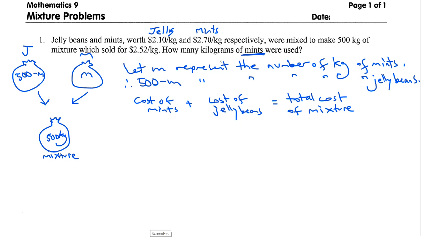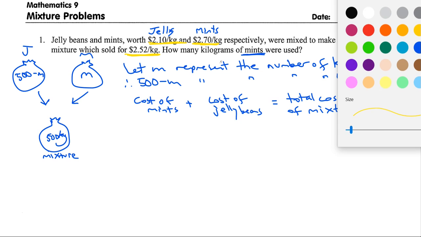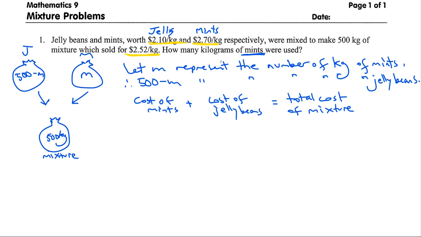Now I know that the mixture weighs 500 kilograms, and that the mixture costs this much, $2.52 a kilogram, and the other two, these are their costs. So I know the total cost of the mixture because the total cost of the mixture is 2.52 times 500. It's $2.52 per kilogram, and there's 500 kilograms in the mixture.